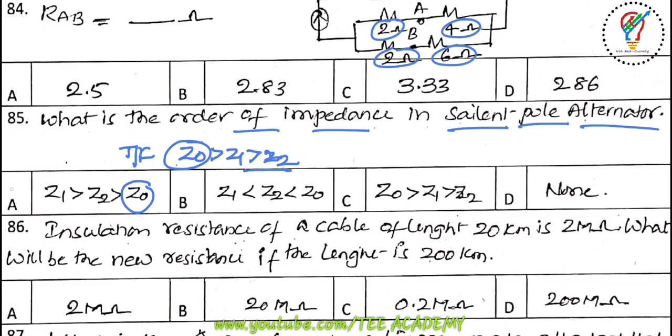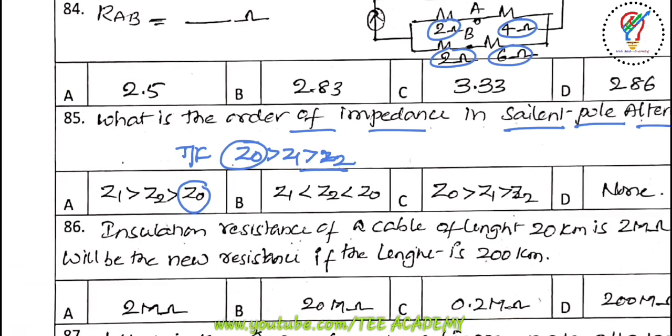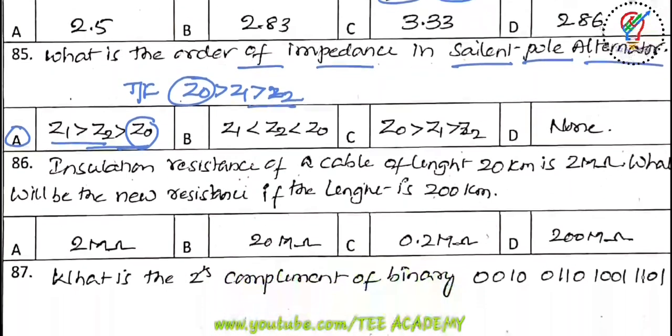But in an alternator the relationship is different. The answer for this one is Z1 greater than Z2 greater than Z0.